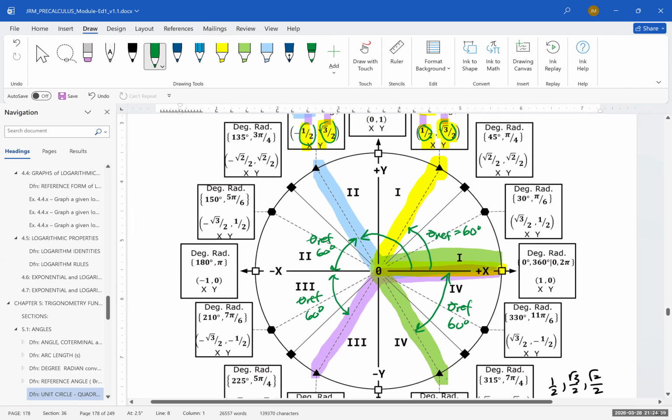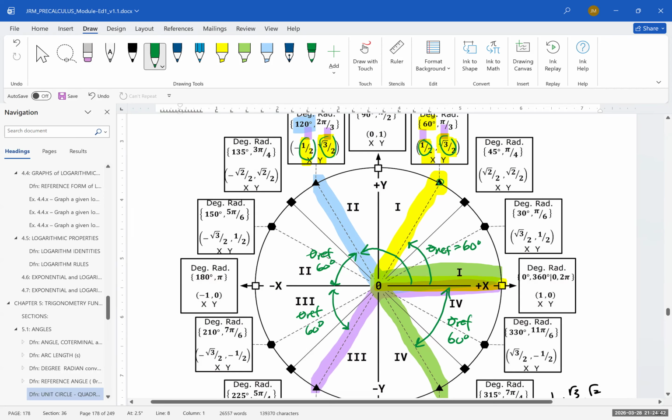The one thing that changes, though, is just where each of these points are respective to the x and the y-axis, right? In quadrant 1, x is positive and y is positive. So each of these fractions will be positive. Over here in quadrant 2, the x value will be negative. So you can expect a negative fraction here, but the y value will be positive.